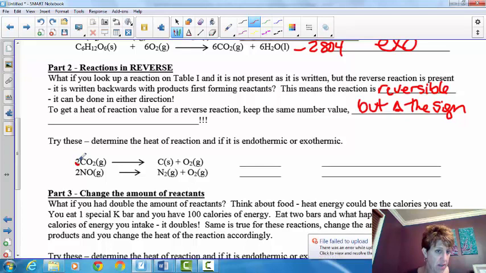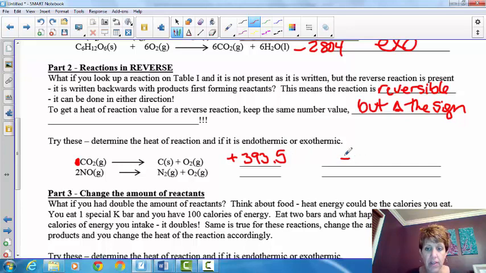Okay, I actually think that a 2 does not go there. I think it's just CO2. Yeah, I found it. Cross off that. So CO2, this is again about 1/4 of the way down the paper. And the normal reaction is negative 393.5. So I'm going to change that to a positive 393.5. So therefore it is endothermic.